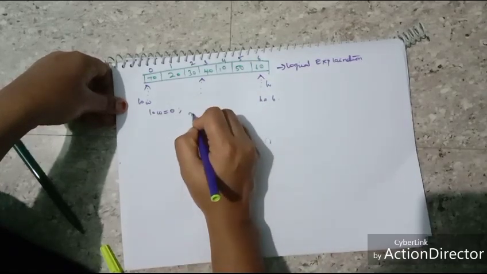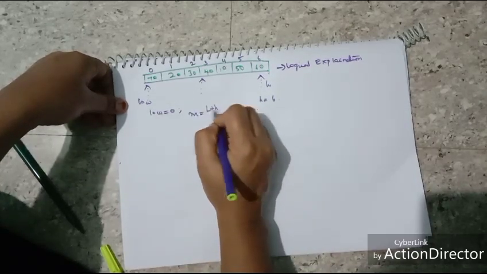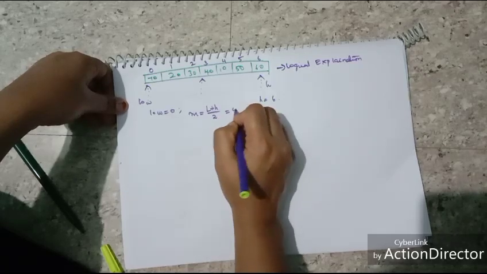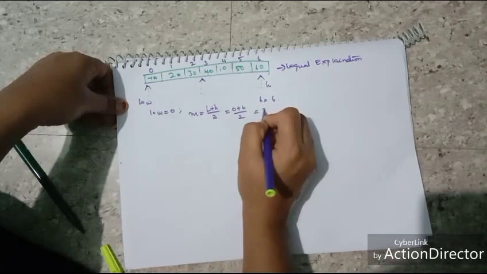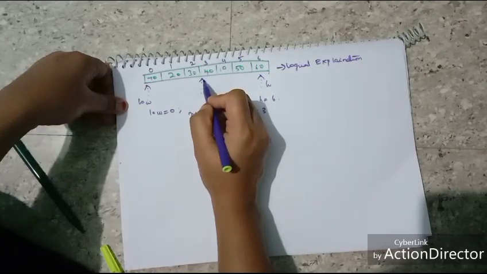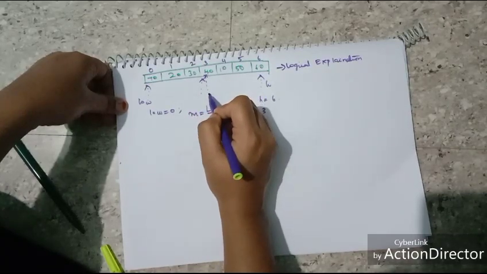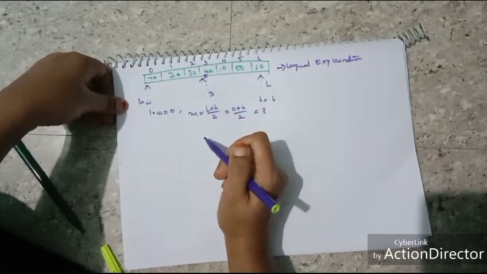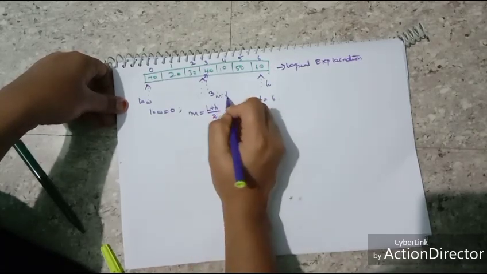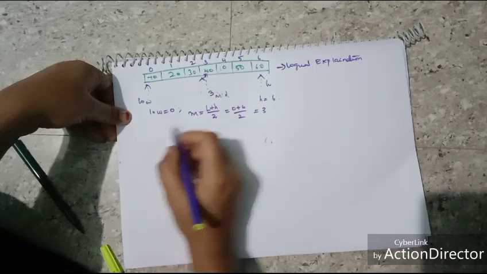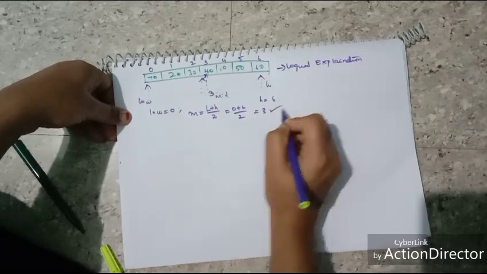The mid value formula is mid equals low plus high divided by 2, which gives 0 plus 6 divided by 2, that is 3. So we find that the mid value is 3.